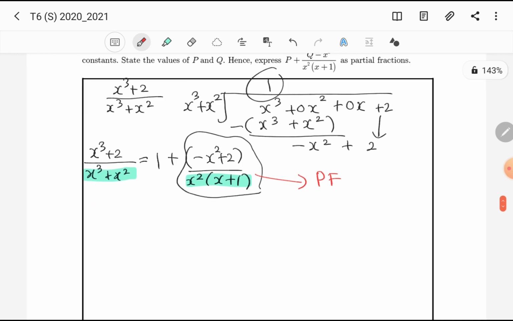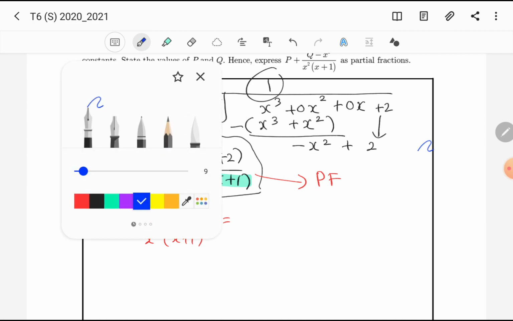Okay, so for partial fraction, we have, okay, negative x squared plus 2 over x squared x plus 1 equals to, okay, equals to, saya tak jawab soalan. Dia tanya, dia kata state the values of P and Q. Okay, so kita jawab dululah.